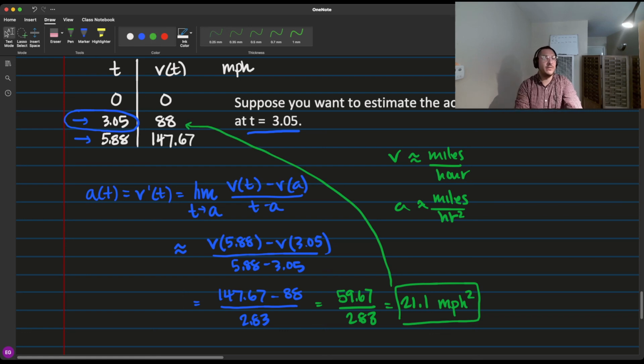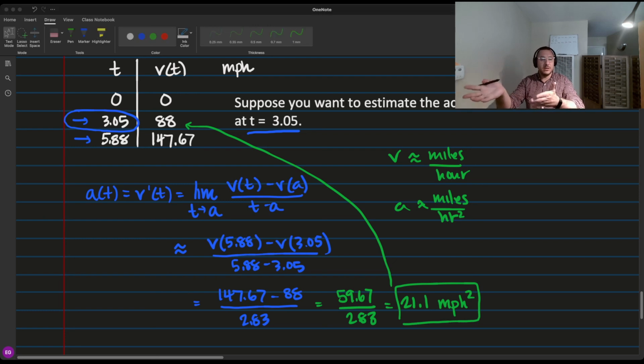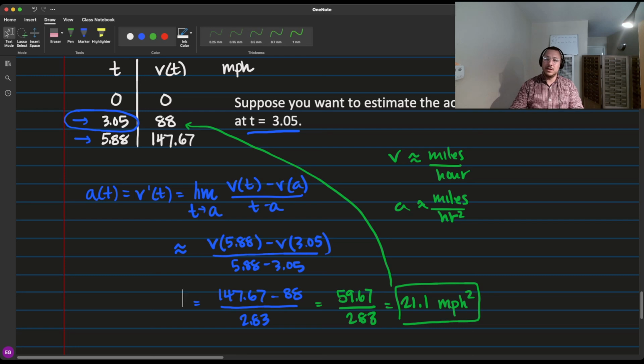So a lot of times in physics, you have data that you have to use, and you estimate what your acceleration is. Instead of actually finding the slope of the tangent line, you say, the closest thing I have is my secant line because I have these two points. We'll just use those, close enough basically. Hopefully that makes sense.